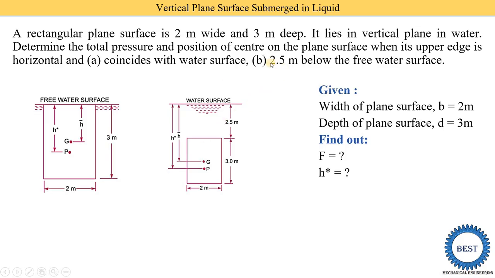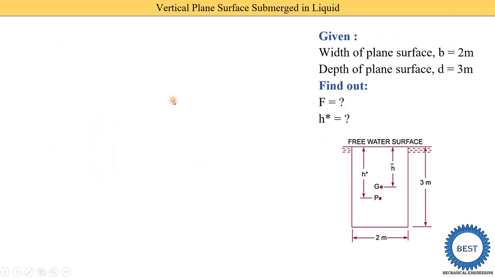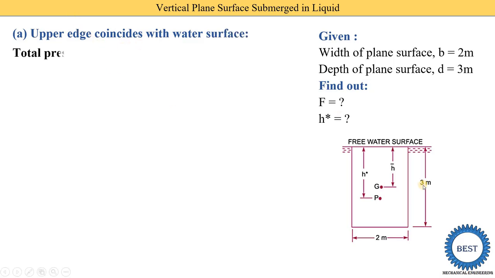This is the second case: this rectangle is 2.5 meter below the free water surface. This parameter is the same. From the G point to the free water surface is h bar, and from the P point it is h star. So first we solve for the case where the upper edge of the rectangle coincides with the water surface.